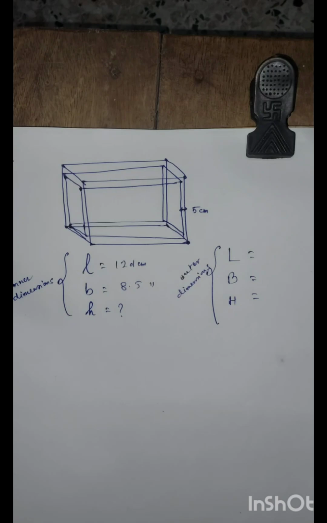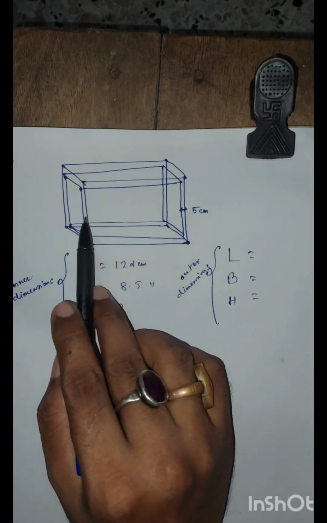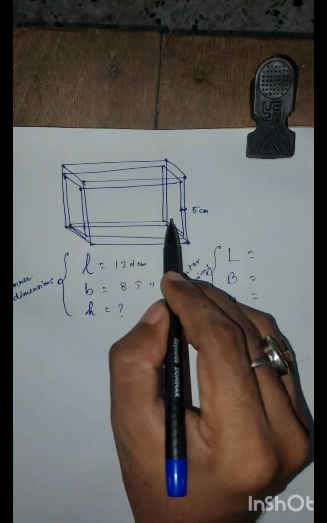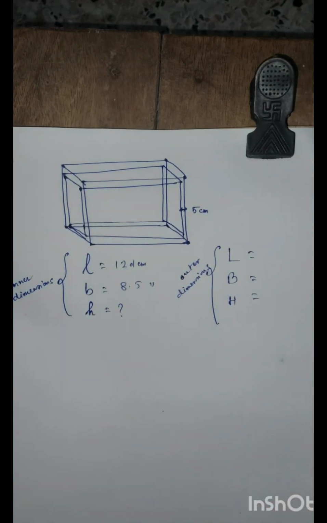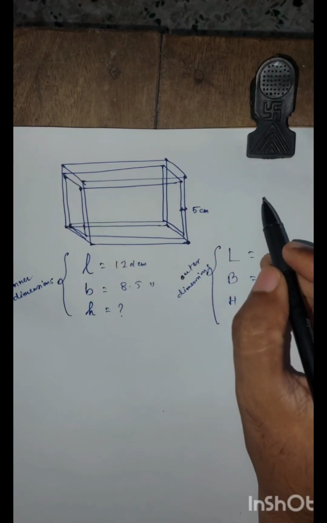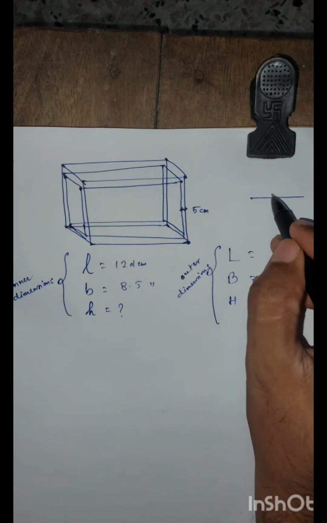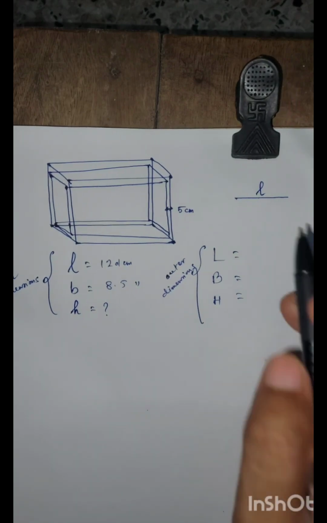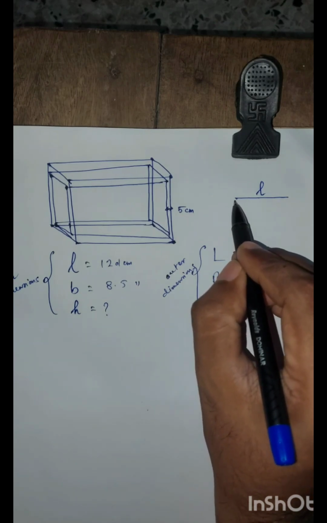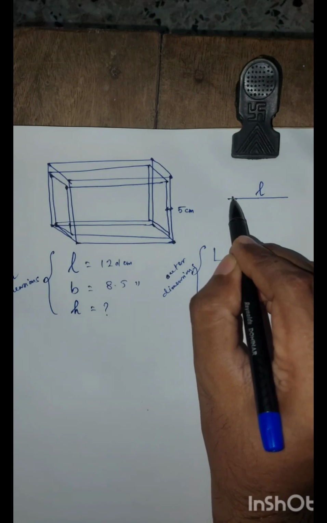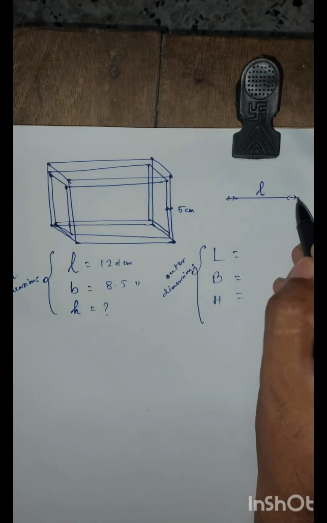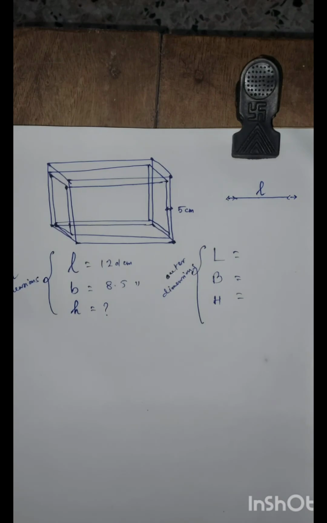Now if you see carefully, you will understand that if the inner length is 12 decimeter, let us assume this is the inner length L. So to find out the outer dimension, we need to add thickness to both sides of the length.